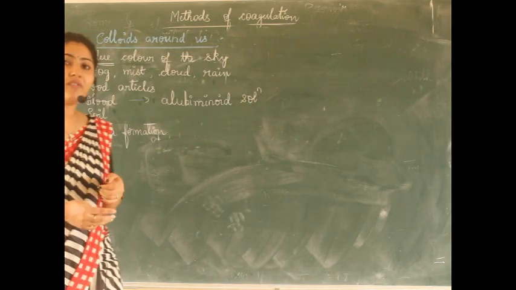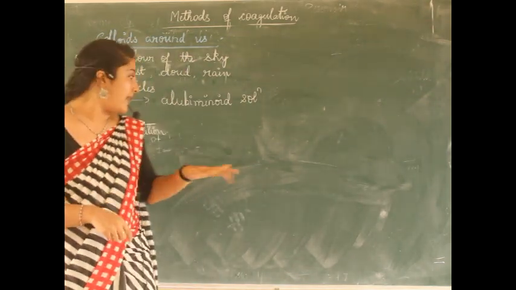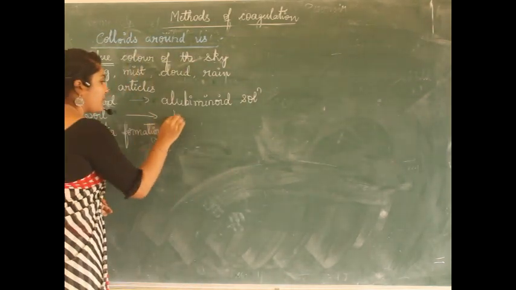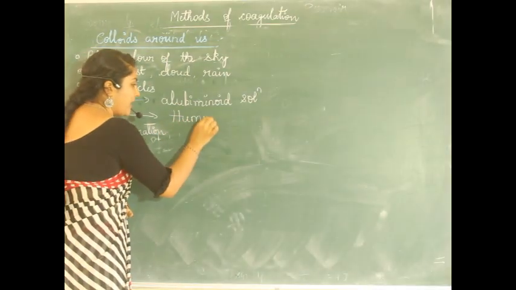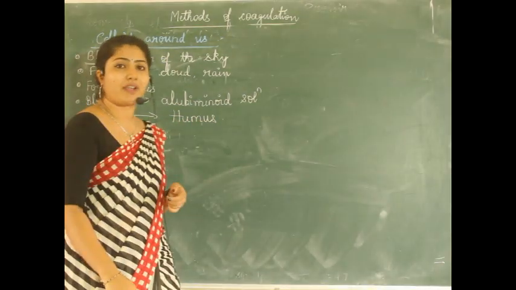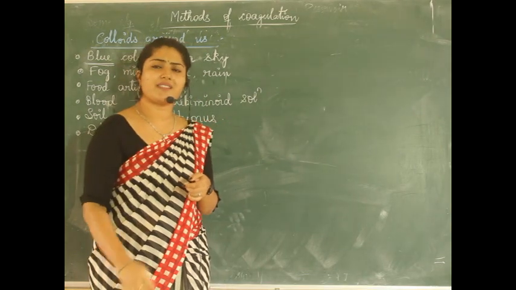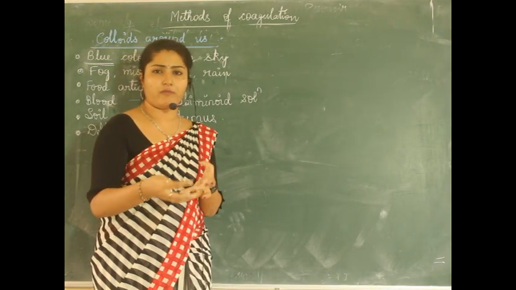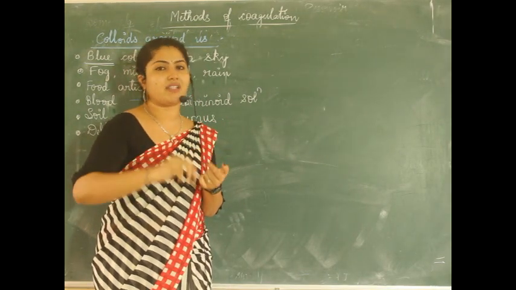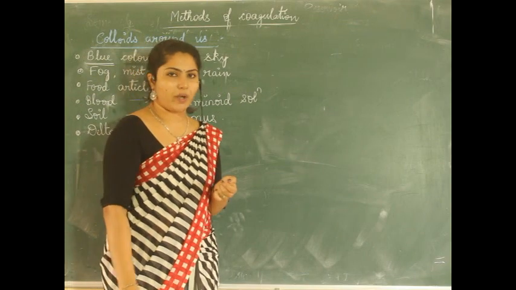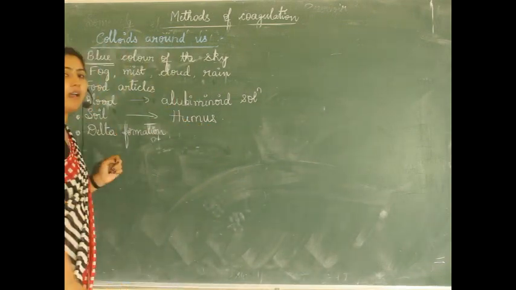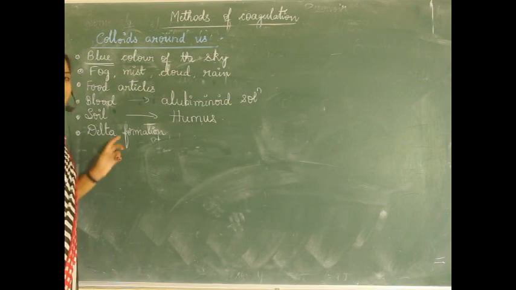Soil. You have seen fertile soil. There, the fertile soil is protected by humus. Humus acts as a protective colloid there. Humus is nothing but dead and decaying matter of plants. They form a protective layer for the fertile soil. That is what we can see in the environment. Then delta formation.